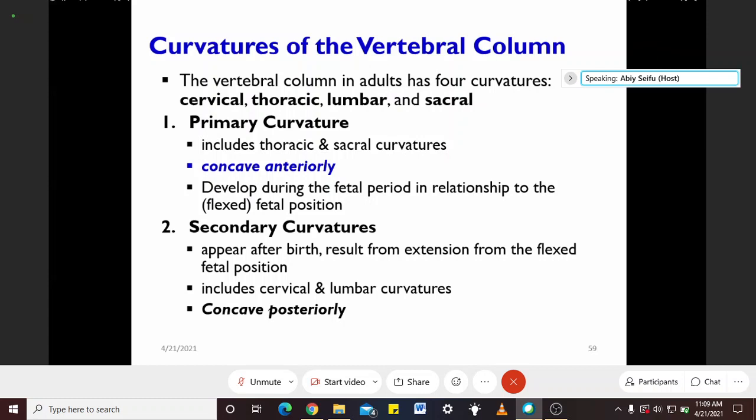The vertebral column does not have a straight appearance; rather, there is a curvature. This curvature is segmented into primary curvature and secondary curvature. The primary curvature is the curvature that is present before birth.